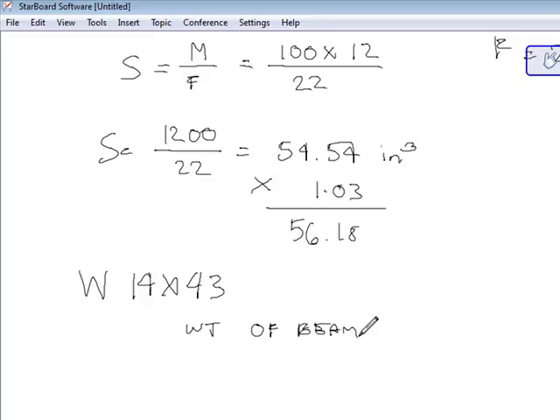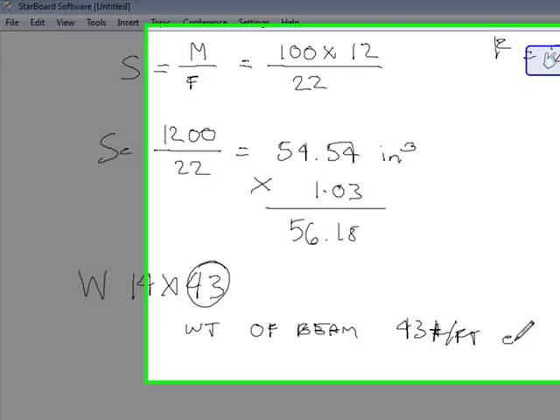What does that mean? It means this is the pounds per foot, so it's 43 pounds per foot. And it's 20 feet long, so how much does that beam weigh? Because we're checking the weight of the beam now. 860? Good.